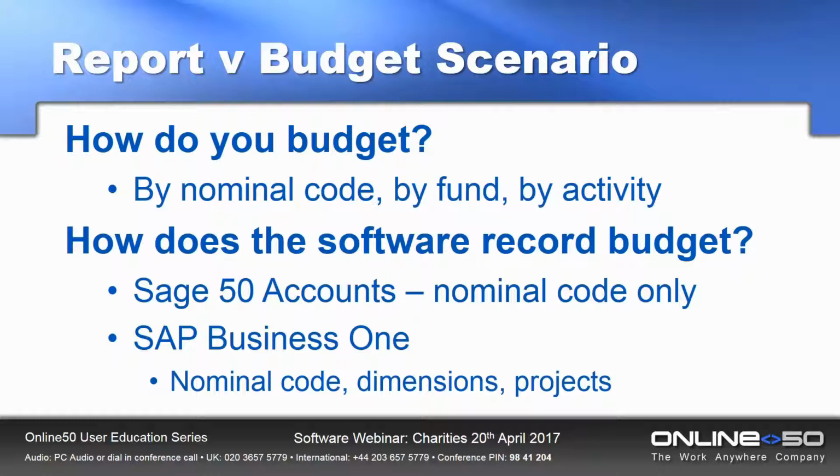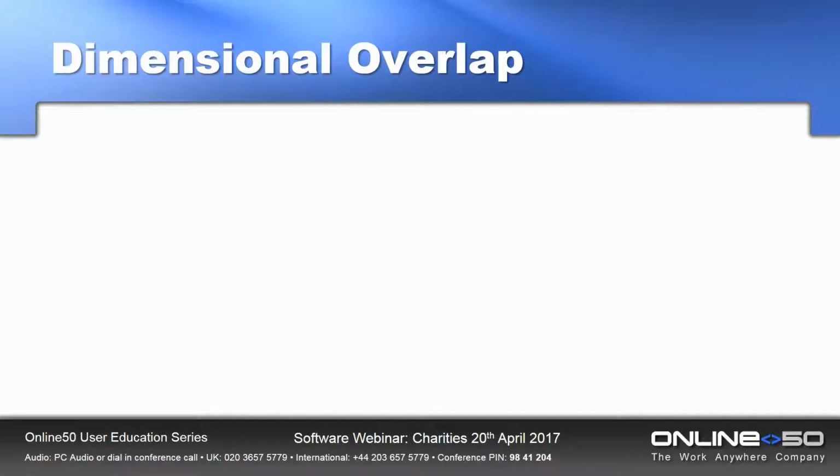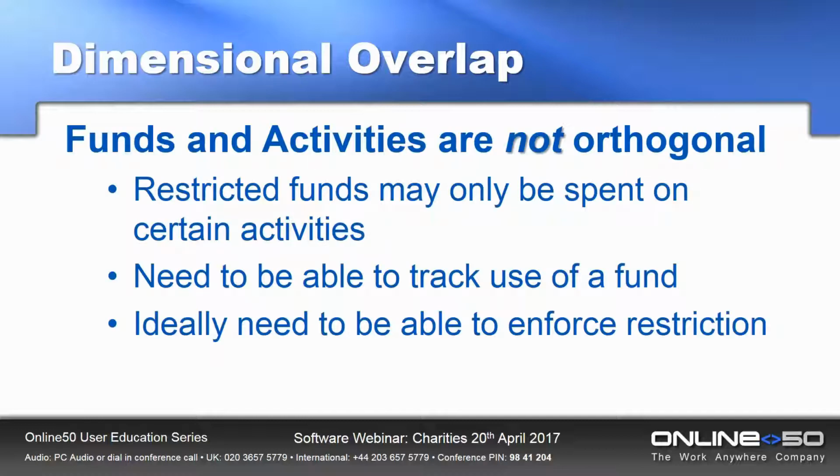We talked earlier about dimensions, and the thing to point out when we're talking about reporting is that we're not going to have funds and activities being independent, because of the very fact that restricted funds can only be spent on certain activities, so they can't vary independently. Well, that means we need to be able to track use of a fund.